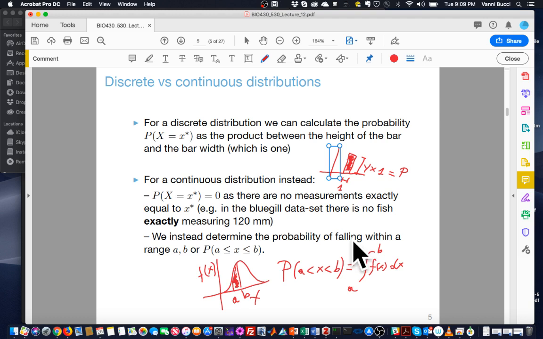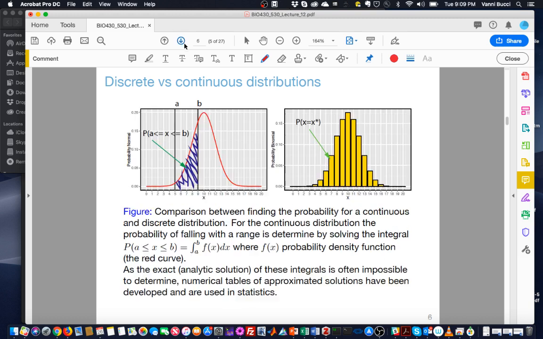So to summarize, in a continuous case, we need to take the integral to get the chance that x is included between a minimum and a maximum. In the case of discrete distributions, for example binomial, you actually calculate the area, which is the height of a certain bar.